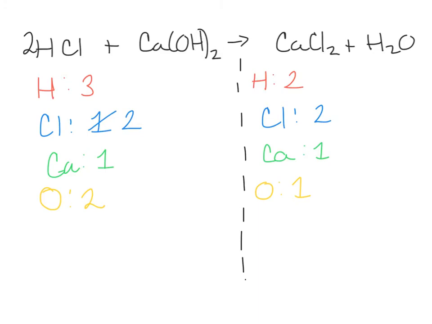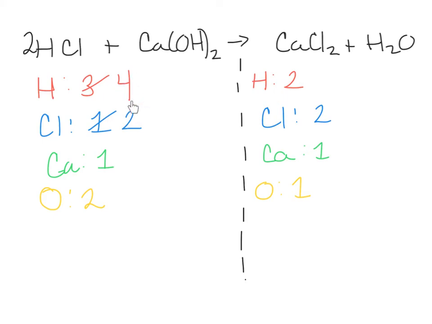So now my hydrogen count on the left is 4, not 3. Okay, so taking stock at this point, calcium is happy, chlorine is happy, but hydrogens and oxygens are not. So let's see if we can do something about these hydrogens.